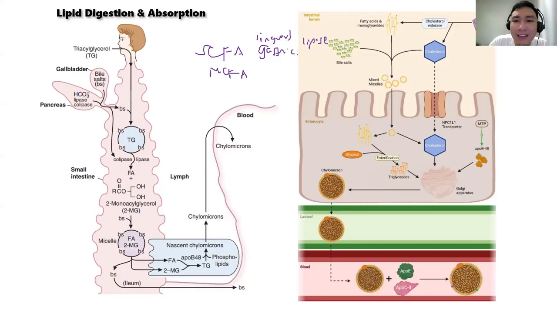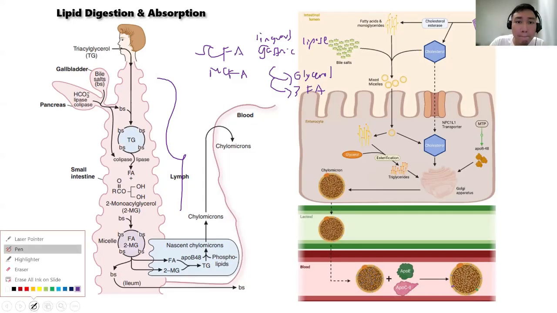Yan lang kailangan nila. Fully digested na yan, magiging glycerol ka na and 3 fatty acids. And then, hindi na niya kailangan gawin to lahat. Ma-absorb na yan directly into the portal circulation. So the bulk of our discussion would be about your long chain fatty acids kasi medyo complicated yung kailangan gawin natin.